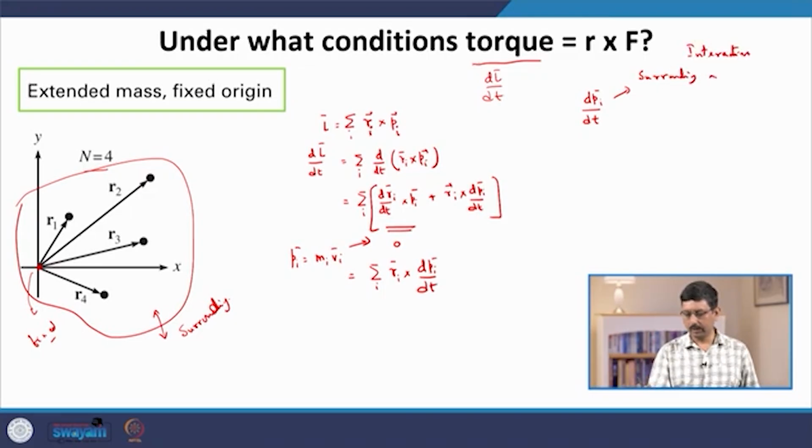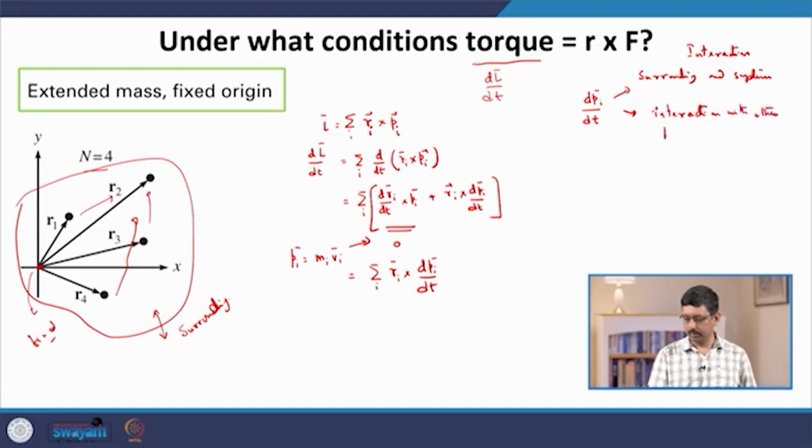But each particle of the system can also have force from other particles or parts of the system. We call this external force or external interaction, and this one internal force or internal interaction.